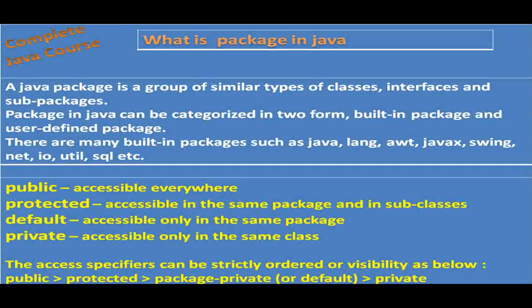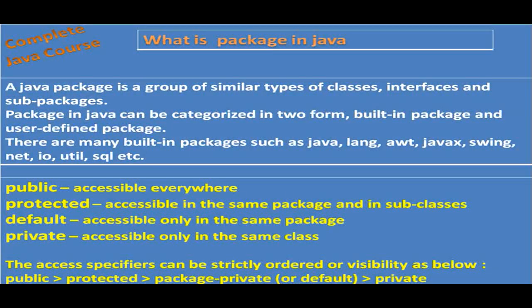Number two, protected. Protected is accessible in the same package and in subclasses. Default is accessible only in the same package. But for defining the default, you need not write default before the class or before any member variable.